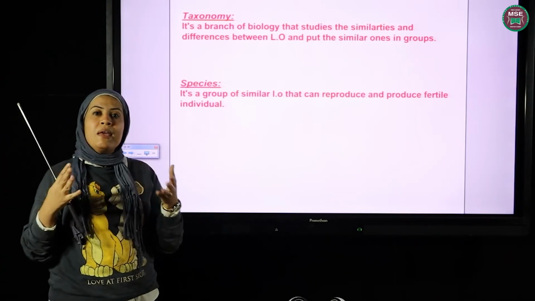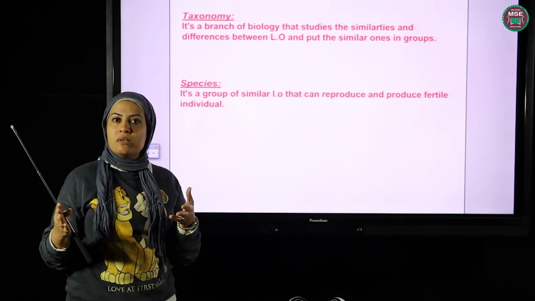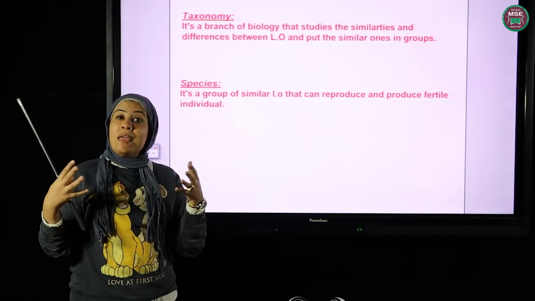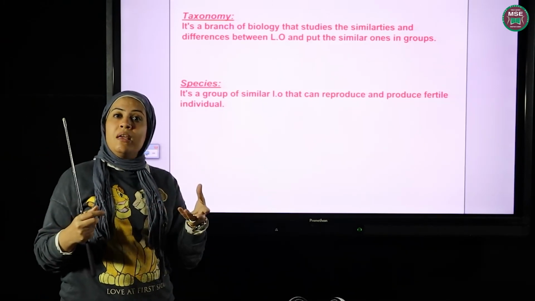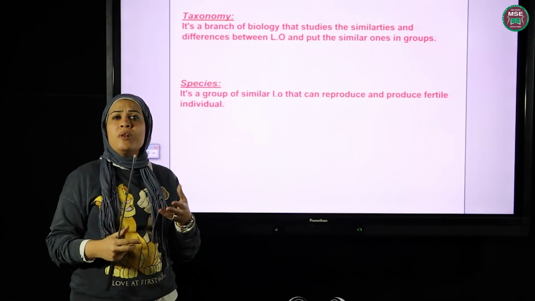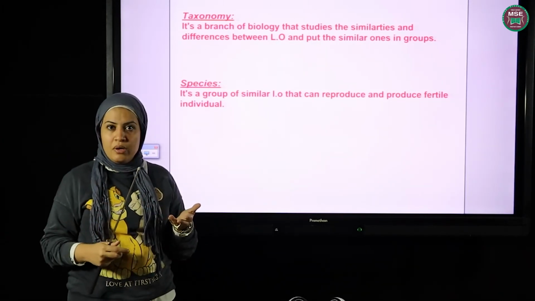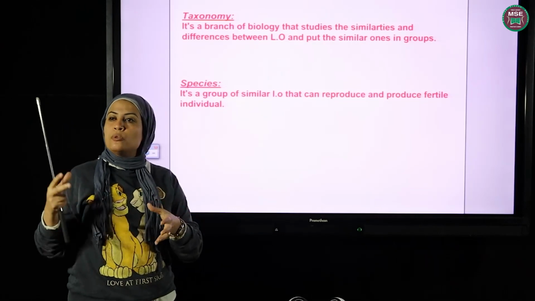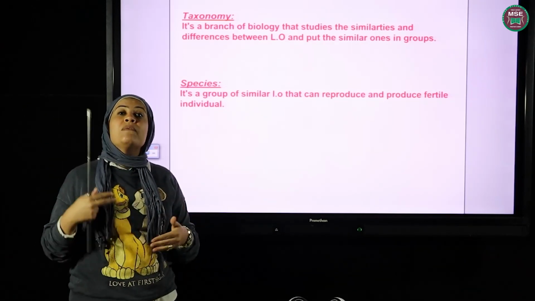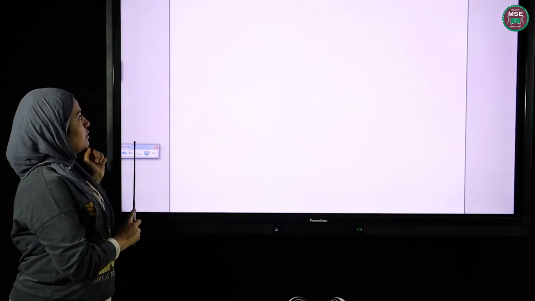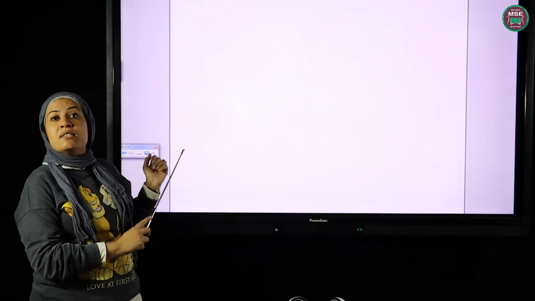Like if we mate a horse, you should mate it with another horse. When they mate a horse with a donkey, they produce a mule. Mule is a new species that is sterile, that can't give birth. So we should mate between the same species to give new fertile individuals, okay? So the basic unit of classification is called species.